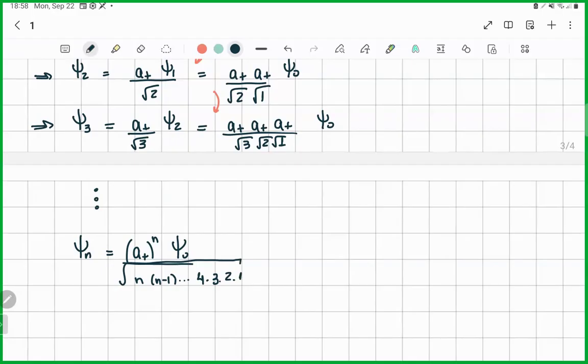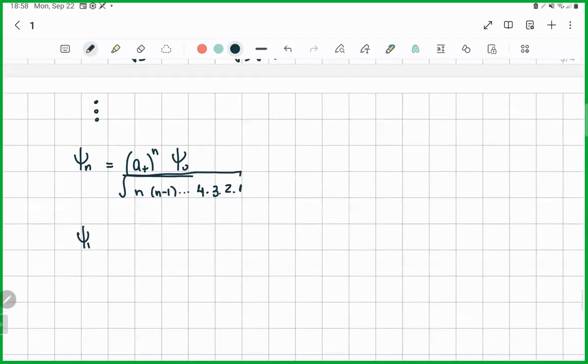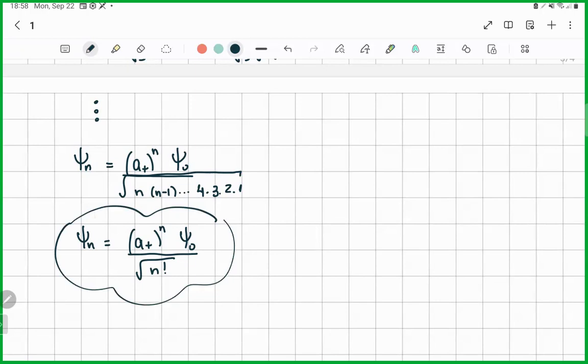In other words, ψ_n is a₊ acting n times on the ground state, and the normalization factor is the square root of the factorial of n. So that's our general expression, already normalized. So that's the end of this video.